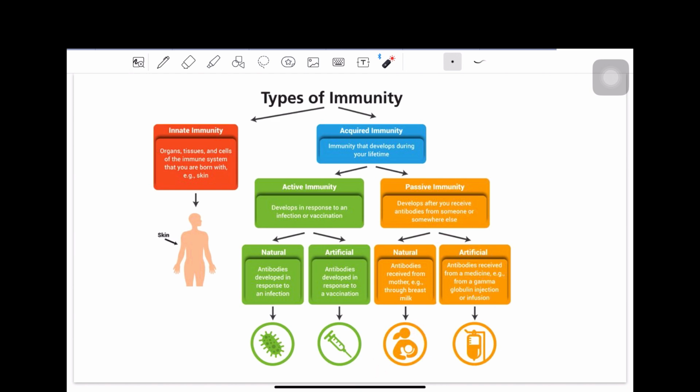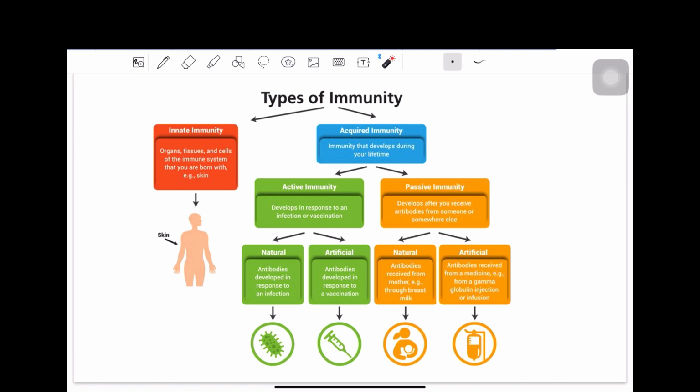So, the difference between active and passive immunity is that in passive immunity, we directly receive the antibodies and the body does not have to produce them. And that is beneficial for the newborns because in the newborns, the immune system is not very active, not fully differentiated yet.